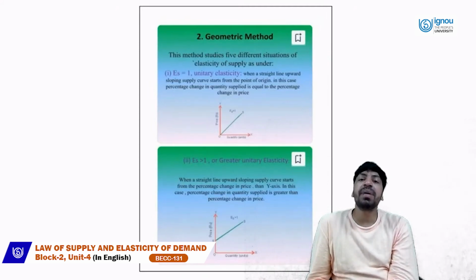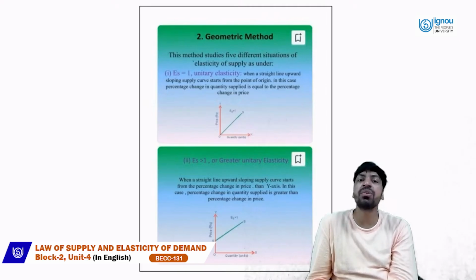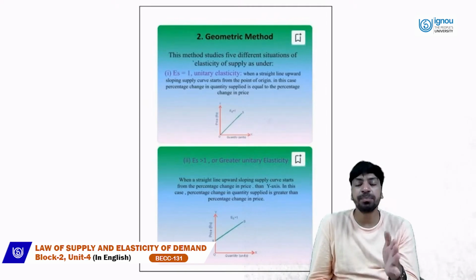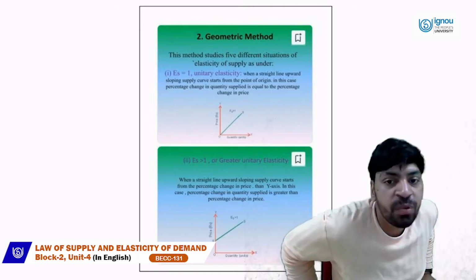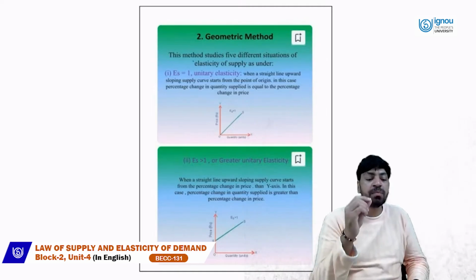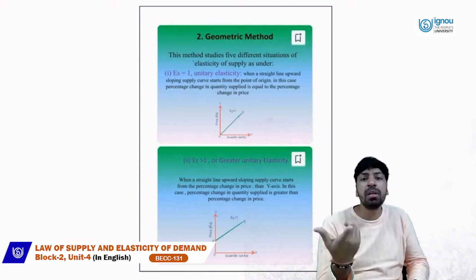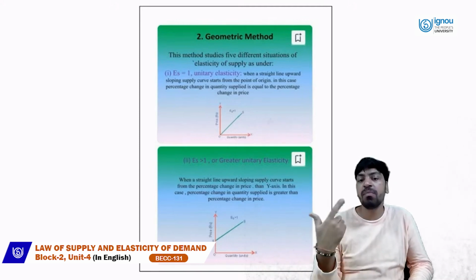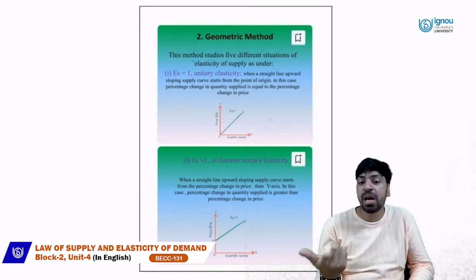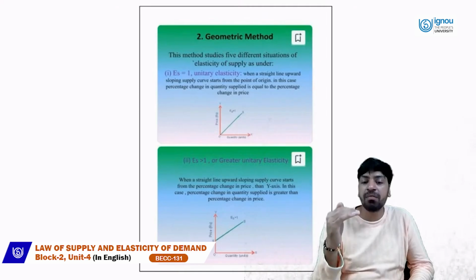The second concept is the geometric method. This method is used in five situations of elasticity of supply, which are shown here. Elasticity of supply equal to 1 is unitary elasticity of supply, where the supply curve begins from the origin. When we talk about greater than one, or greater than unitary elastic, the curve begins from the y-axis.